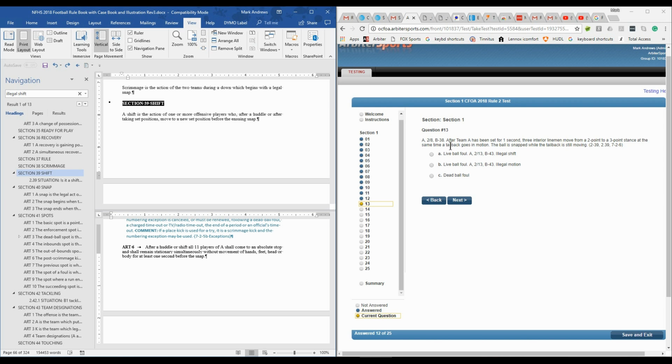Since more than one of them was moving at the same time, they all have to come to a stationary stop for at least 1 second. The tailback didn't do that, so we've got a live ball foul for an illegal shift.